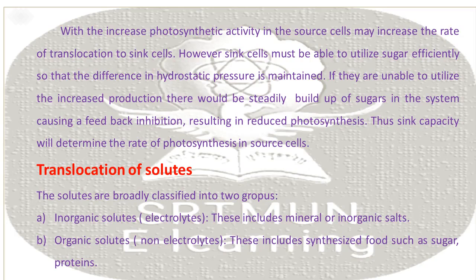If they are unable to utilize the increased production, there will be a steady buildup of sugar in the system causing a feedback inhibition, resulting in reduced photosynthesis. Thus sink capacity will determine the rate of photosynthesis in source cells.